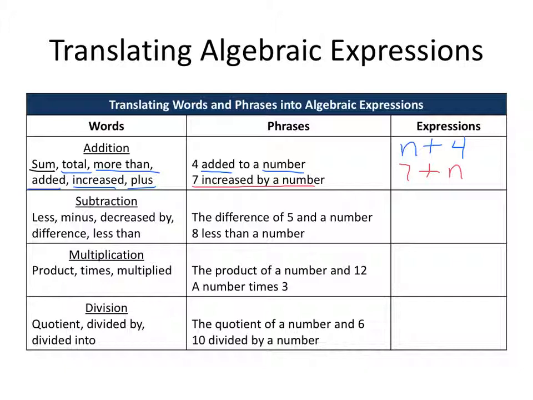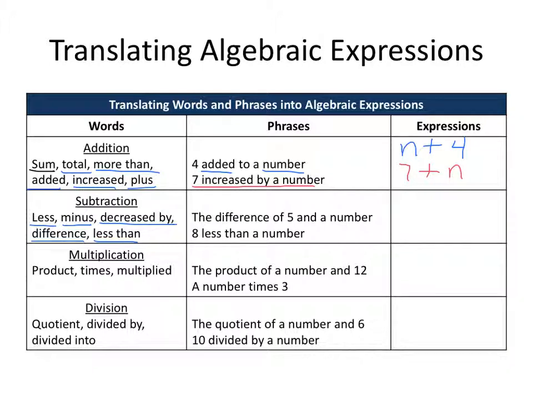Subtraction also, we need to understand that if we see the word less, that's an indication of subtraction. If we see the word minus, of course, or decreased by within the phrase, the difference of two things would indicate subtraction. Or if we see something is less than something else, that is indicating subtraction as well.